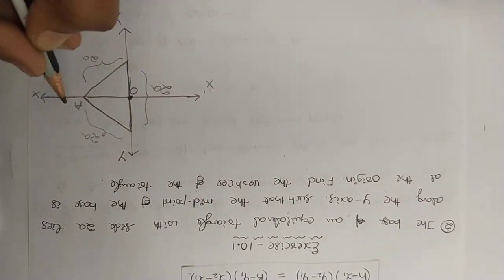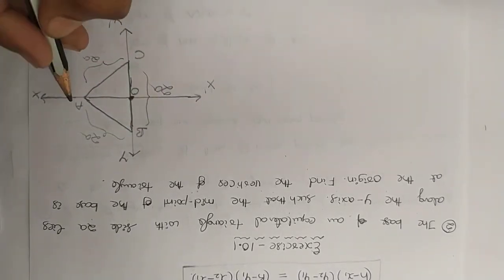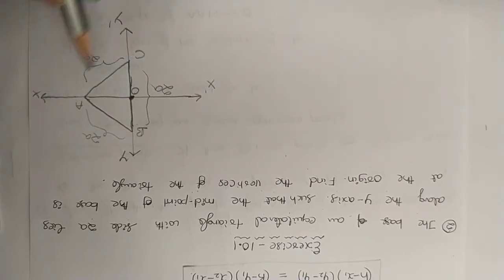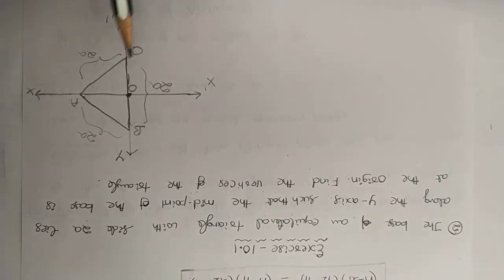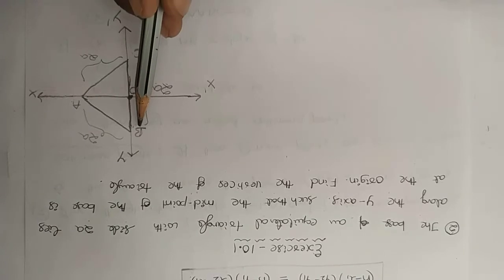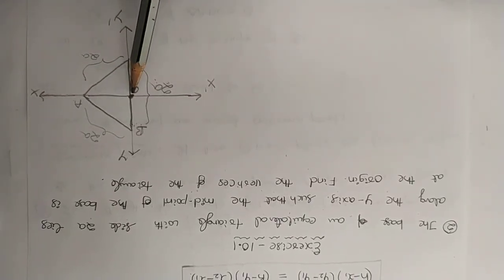It has vertices A, B and C. We need to find the vertices A, B and C. If you observe, the length of BC is 2a. What about the length of BA?